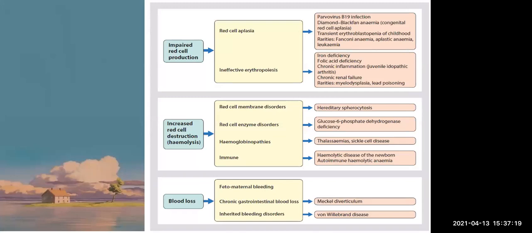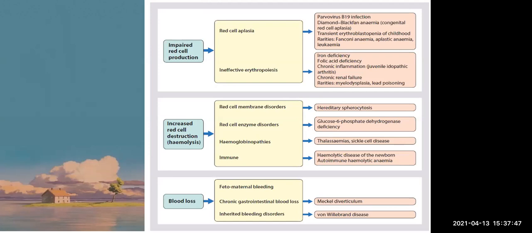It can be divided into several causes, whether the patient has impaired red cell production, like red cell aplasia, or ineffective erythropoiesis like IDA or folic acid deficiency. It can also be due to increased red cell destruction or hemolysis, for example red cell membrane disorder, red cell enzyme disorder, or hemoglobinopathy.